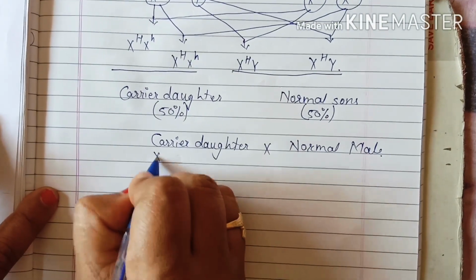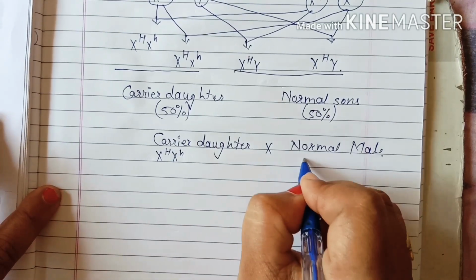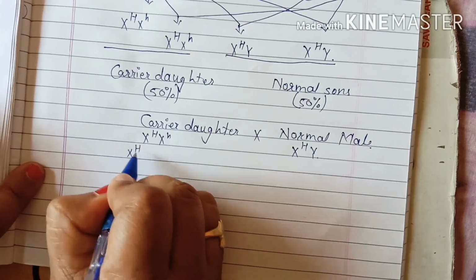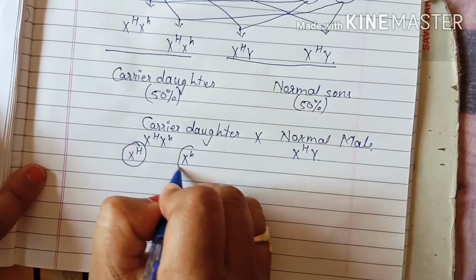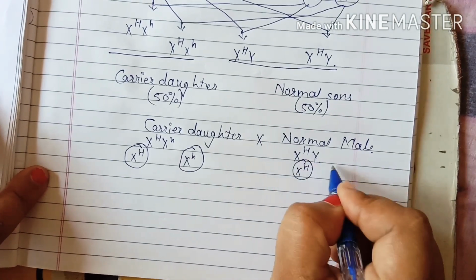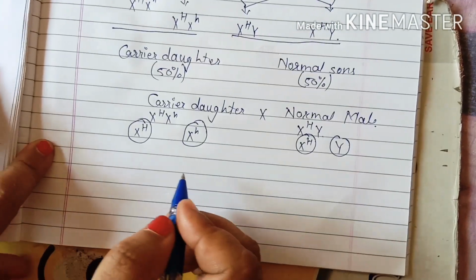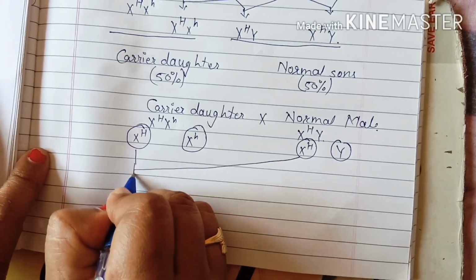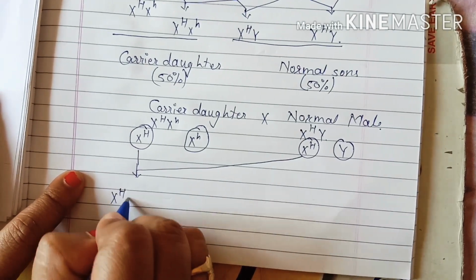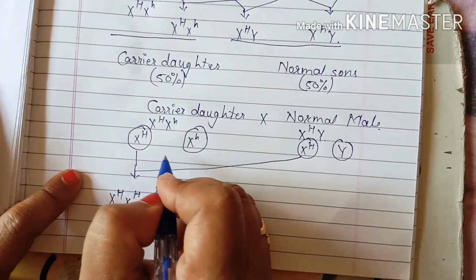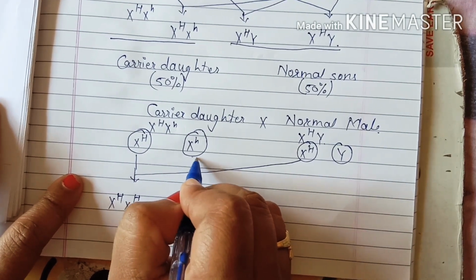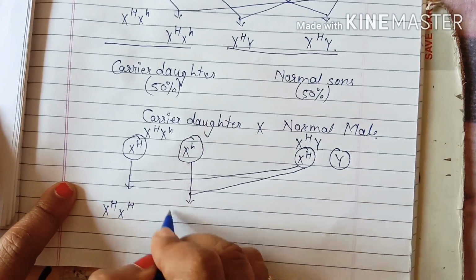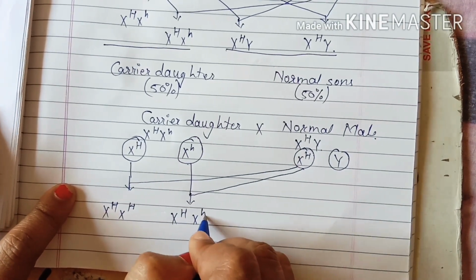The combination of carrier daughter is X capital H, X small h, and normal male X capital H, Y. So here the gametes are X capital H, X small h, X capital H, and Y. Now crossing X capital H with X capital H, we have X capital H, X capital H. X small h crossed with X capital H gives X capital H, X small h.